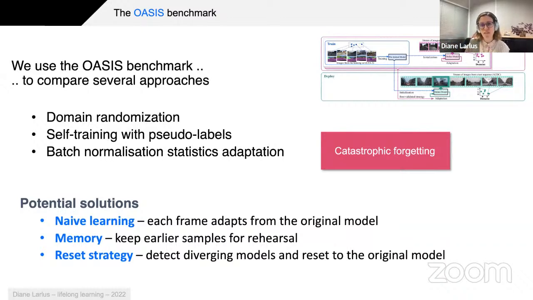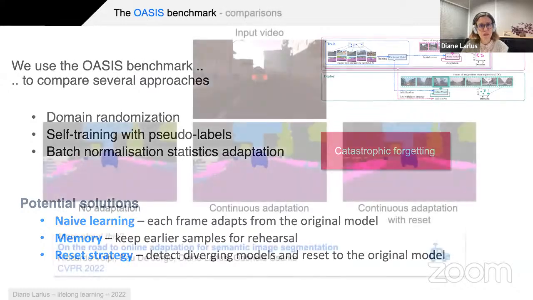So you can see it as a smarter version of the naive learning, which would use the naive learning approach only when the model detects that something goes very wrong with the adaptation. And although quite simple to implement, these reset strategies work extremely well in practice.